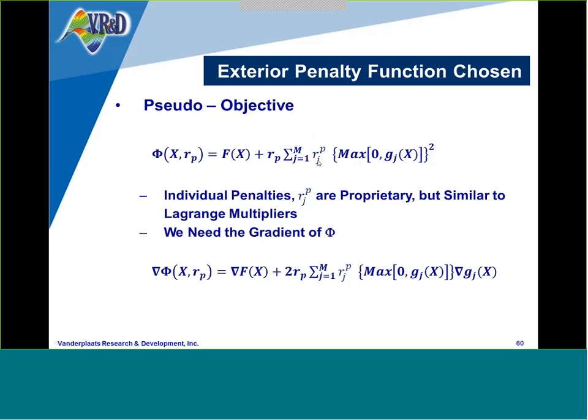This R sub p, j super p, looks a lot like the Lagrange multiplier, and if you use the augmented Lagrange multiplier method, this would be the same. I wasn't able to make that work on really large problems. So we actually have a proprietary method for calculating these little r's that we don't publish because they work like magic. We need the gradient. That's just the summation of gradients, and so it takes very little memory to store that information.